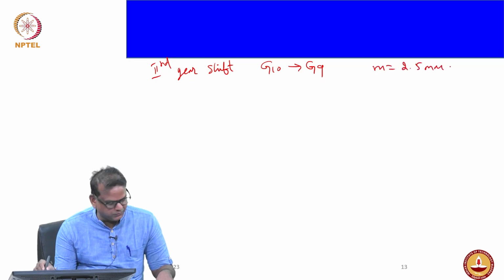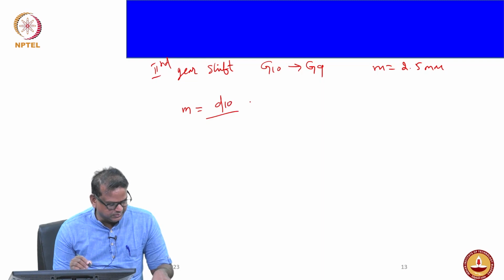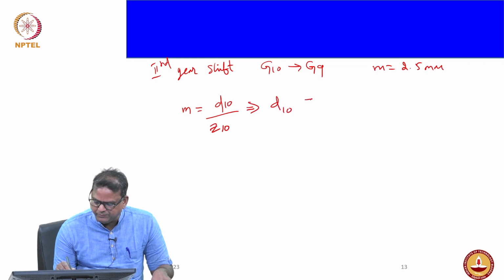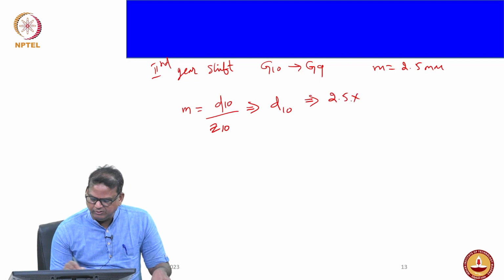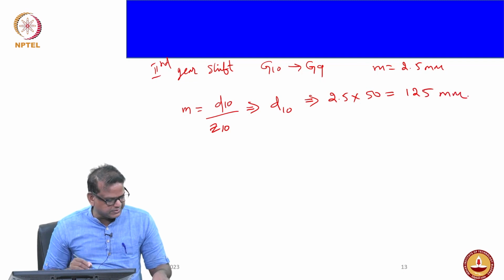So M equals D10 by Z10, and Z10 is 50. From here we find the pitch diameter: 2.5 times 50 gives 125 millimeters. This is for the second gear.